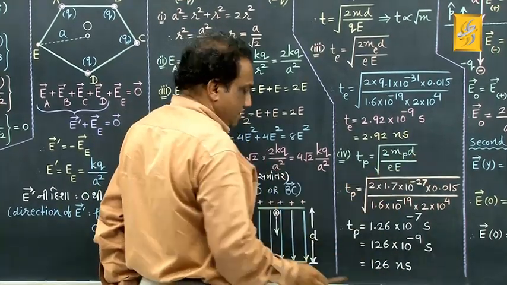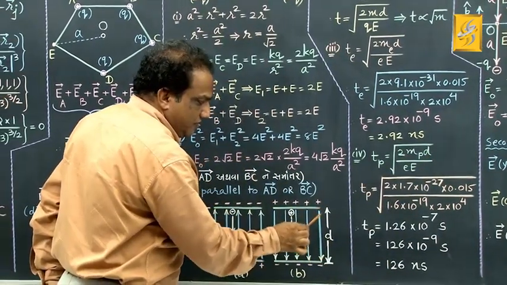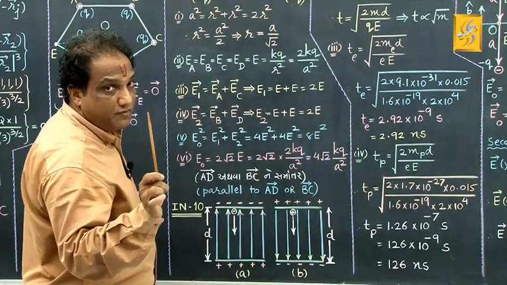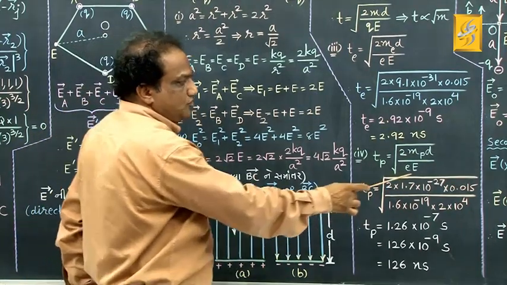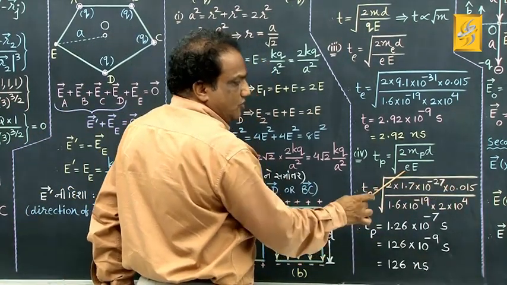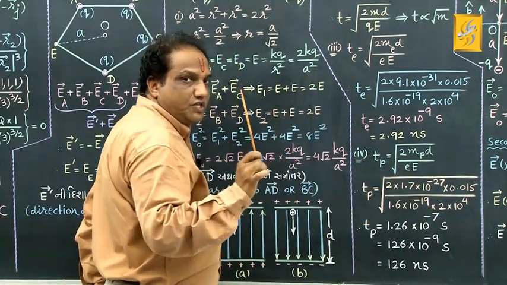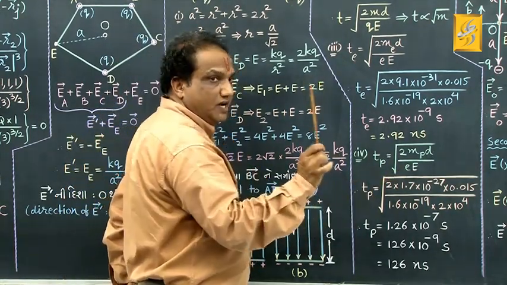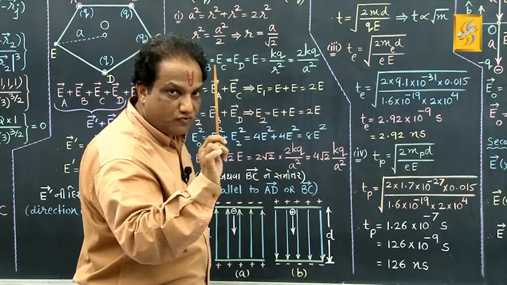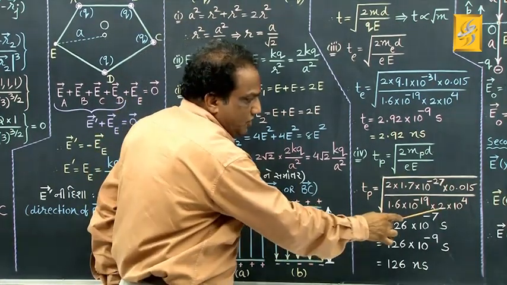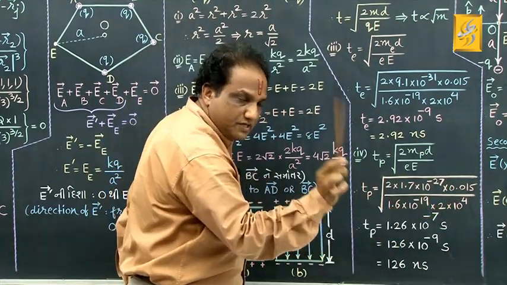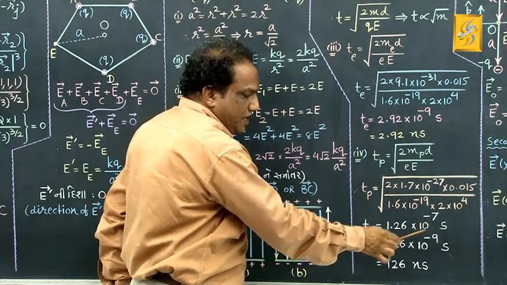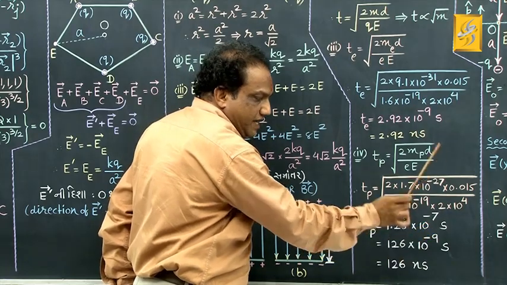Distance D between these two plates is the same, 1.5 centimeter divided by 100, 0.015 meter. Charge of proton 1.6 into 10 raised to minus 19 coulomb. Electric field 2 into 10 raised to 4 Newton upon coulomb. Simplify, the answer is 1.26 into 10 raised to minus 7 second.